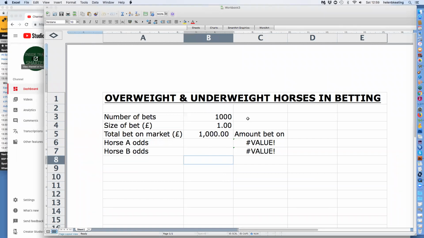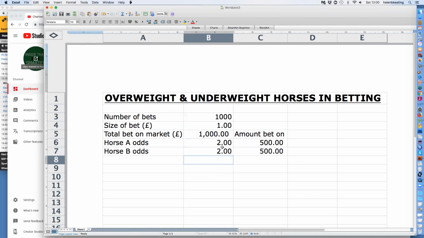Over a period of time, it's not going to be exactly the same, but you're going to have roughly the same number of heads as tails. And therefore, if people are rational and reasonable, because we all are, the money should be spread halfway. So now, let's have a quick look at two horses. Let's put in their odds, which is evens, which is 2.0, and evens 2.0.